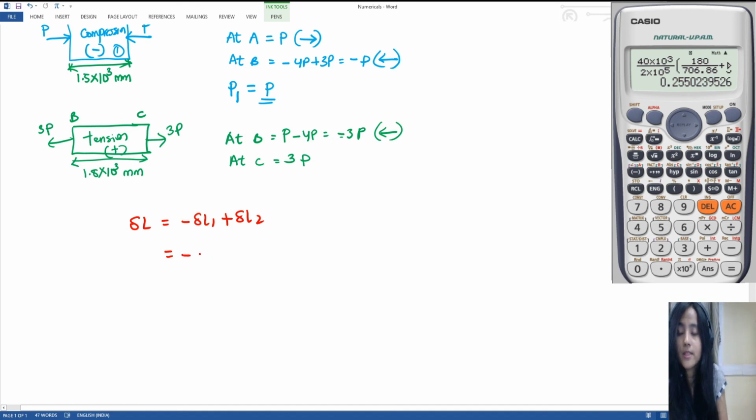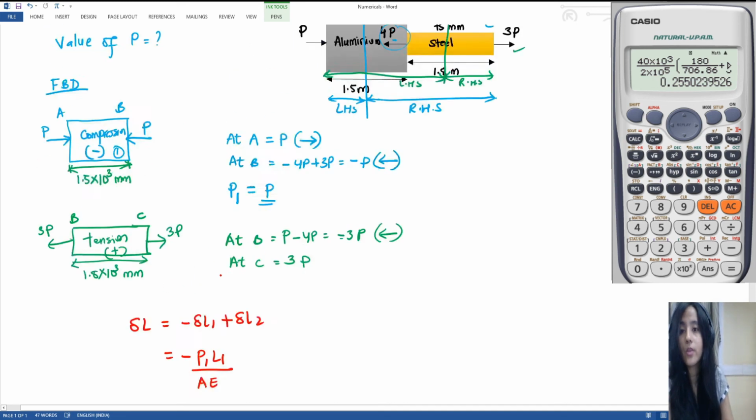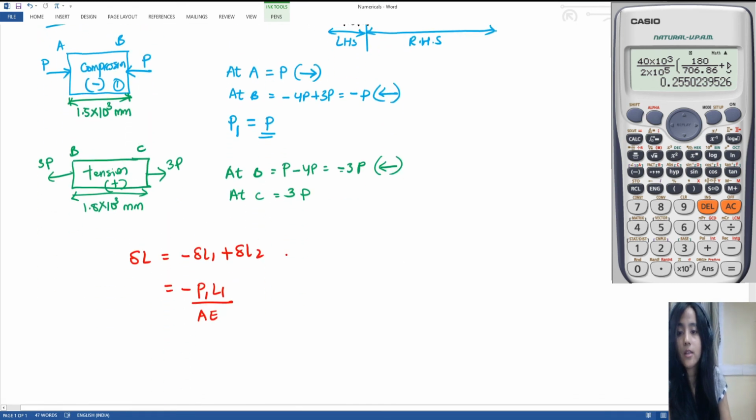So minus P1 L1 by A1 E1. The areas are also different, and modulus of elasticities are also different, so plus P2 L2 by A2 E2.